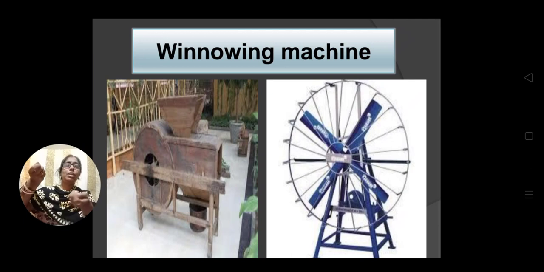You might have observed, I'll show you the diagram. From the fan the wind will come, and because of this wind the chaff will be blown out, okay, and the seed will remain in the container.